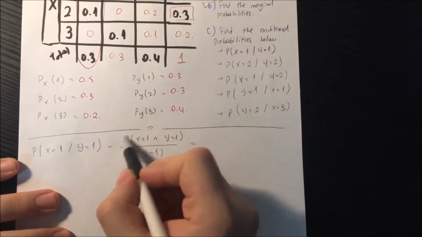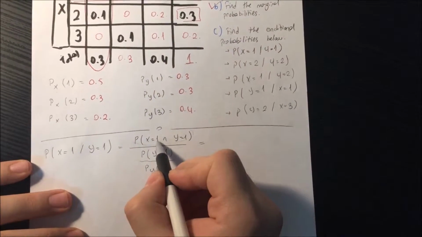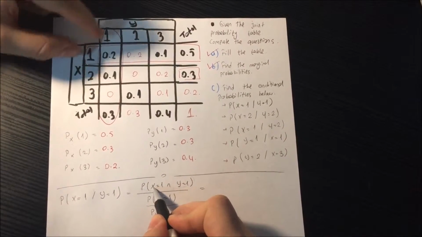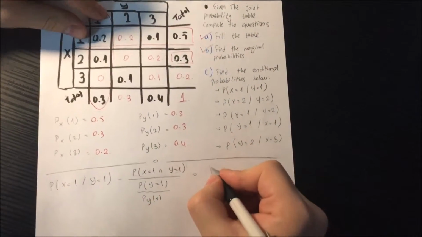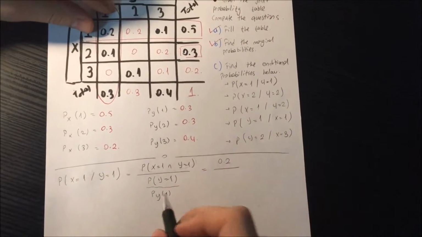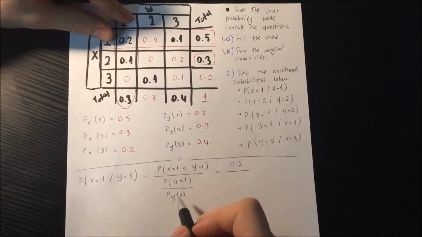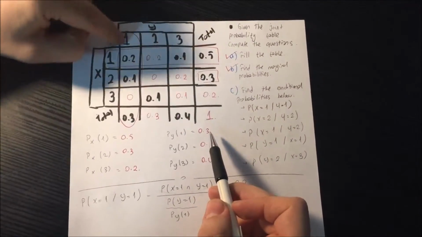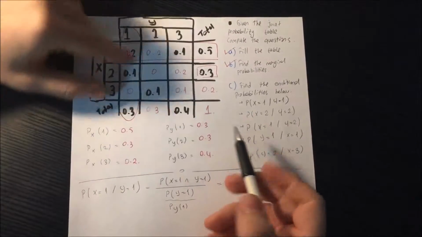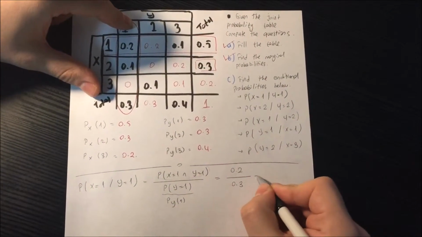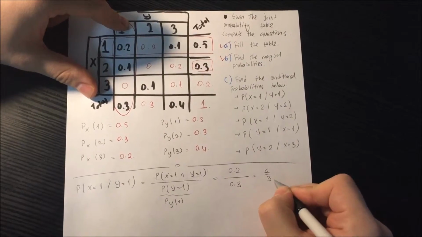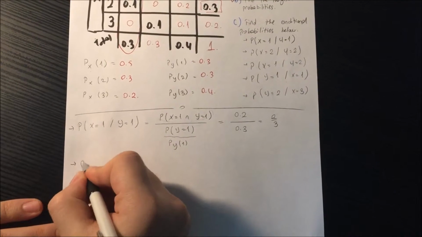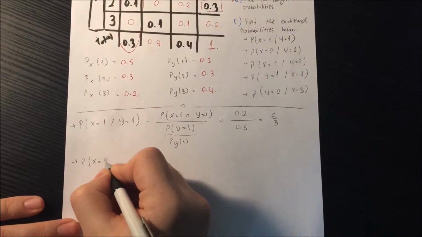So for this part, we look at here. It says x1 and y1 intersect, so it is 0.2, and as we did before, Py1 is 0.3, and we can also see it from this column, 0.3, so it equals 2/3.